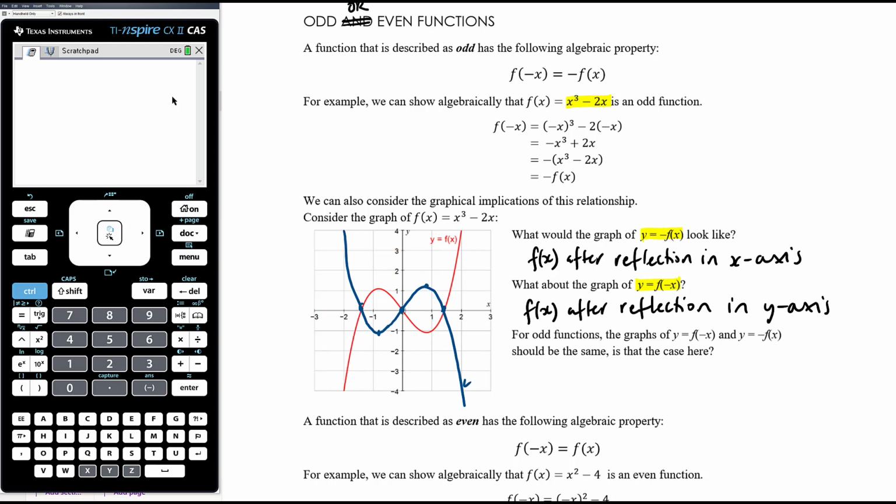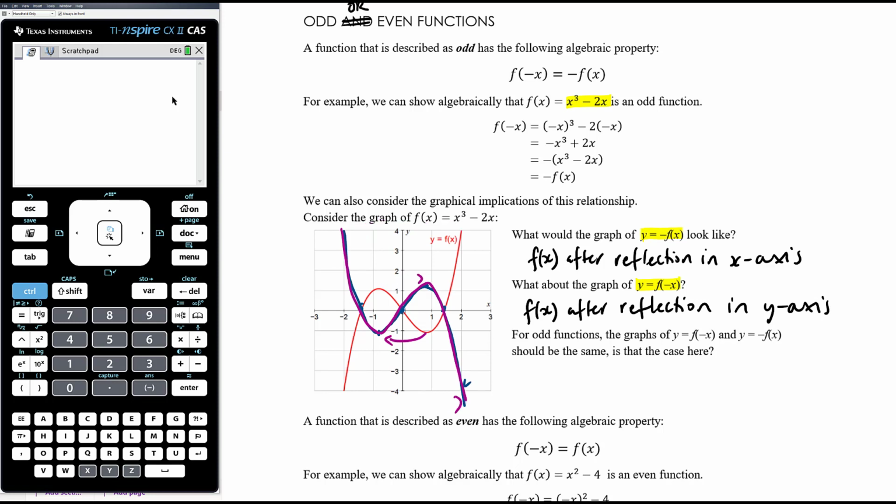If we reflected it in the y-axis, this point goes over here, this point goes over here, this point goes over here, this point ends up over here, and we again end up with exactly the same thing.